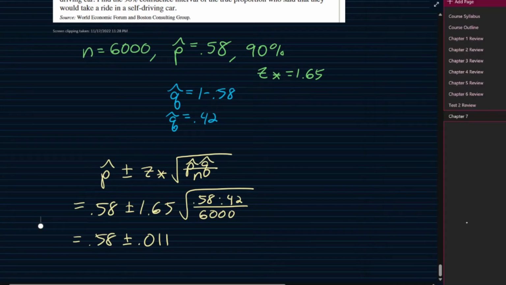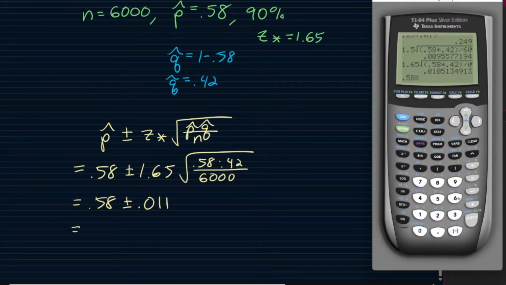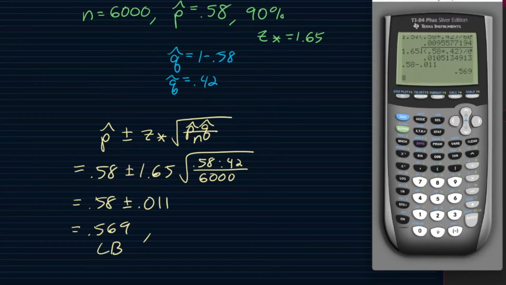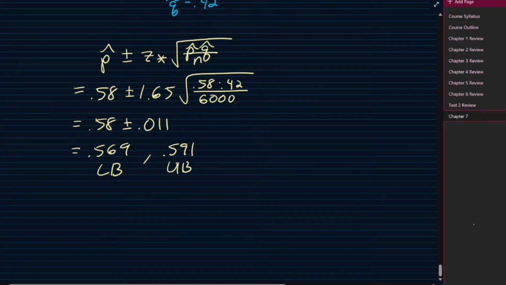So we get 0.58 minus 0.011, which is 0.569. It's our lower bound. The upper bound is 0.58 plus 0.011, which is 0.591. In percentages, that would be 56.9% and 59.1%.